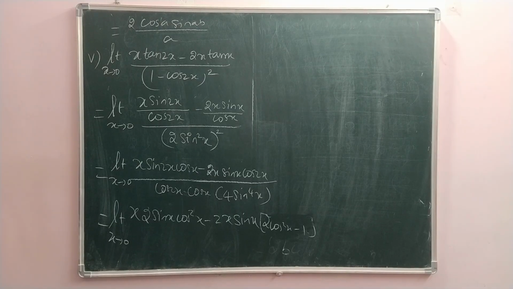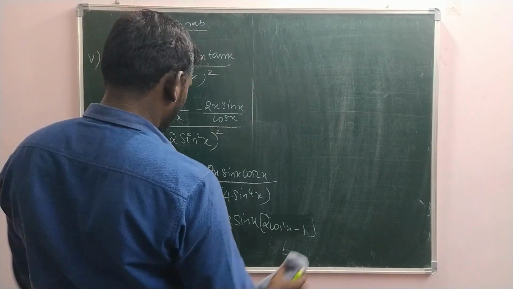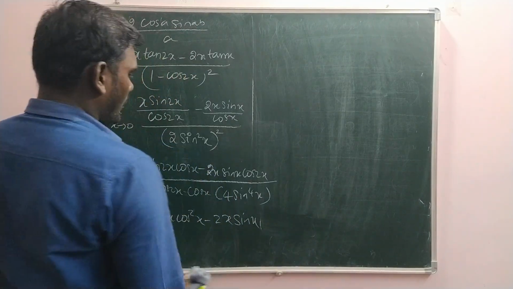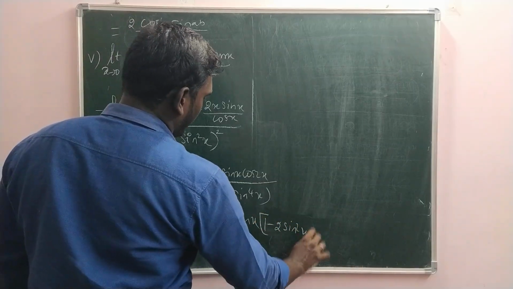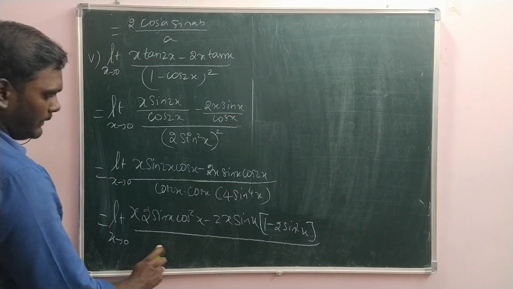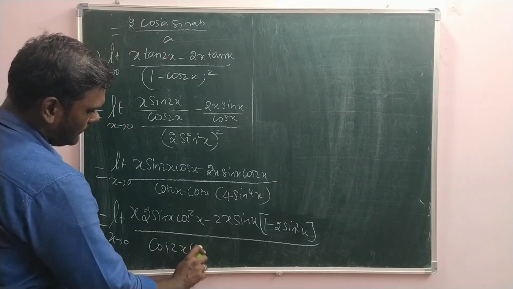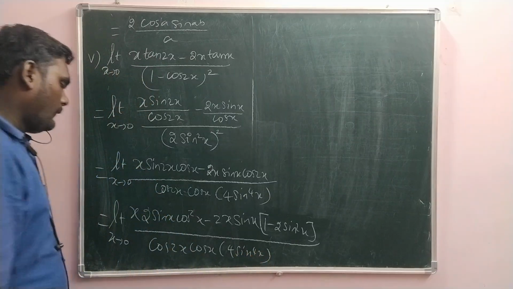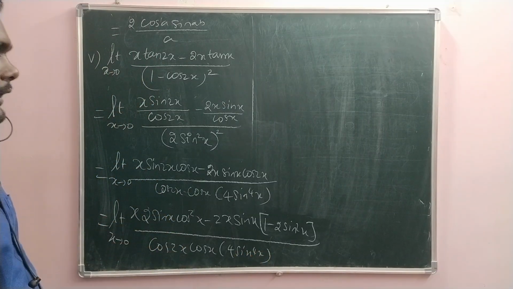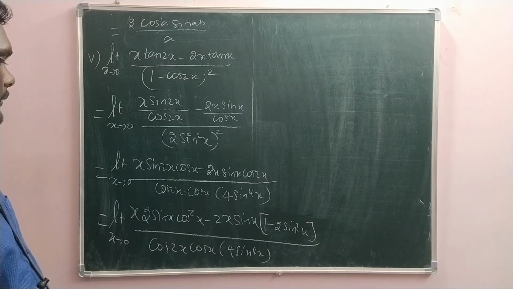Okay, you check. This we can convert in terms of sine, that is 1 minus 2 sine square x, then whole divided by cos 2x cos x into 4 sine power 4x, and this cos square x you can write as 1 minus sine square x.